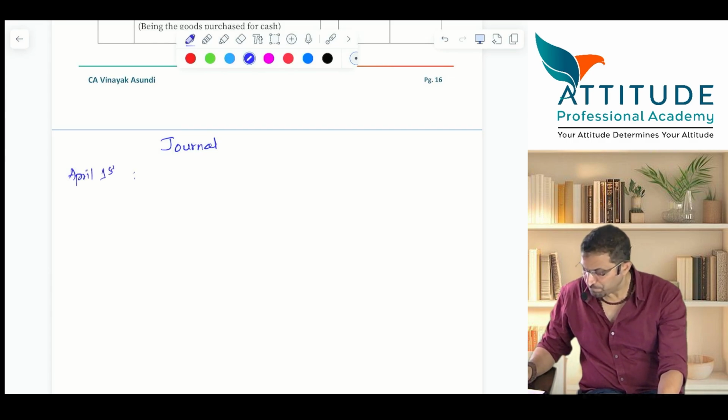Tell me, what will come? What did the business get? Cash. Cash is an asset. Business gets cash, asset increases, and if asset increases it has to be debited. So cash account debit 50,000, I'll put it in bracket, asset increases.